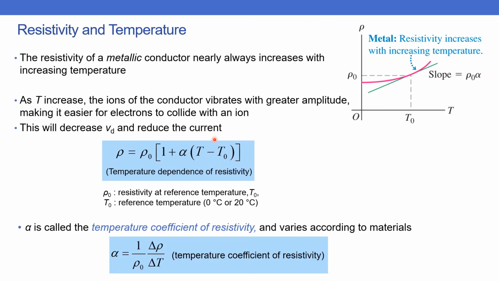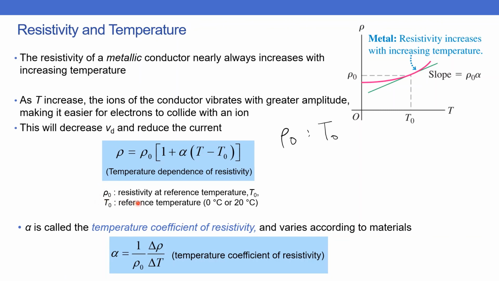This equation here shows the relation between the resistivity and the temperature. In order for us to use this equation, you have to know two things. First, you have to know the resistivity rho naught at a certain temperature. This must be a known number.